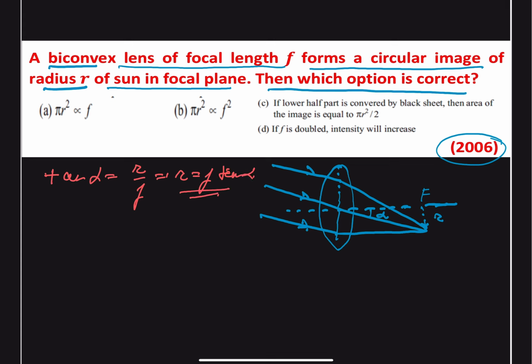Okay. Now we can remodify the above equation in terms of area by writing it as pi r square on the left side as well as the right side. We square this and multiply by pi, so we get pi f square, and here we have tangent square alpha. Therefore we can write from here that pi r square is directly proportional to f square.